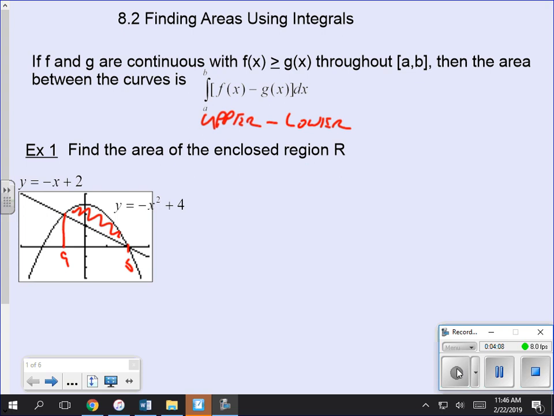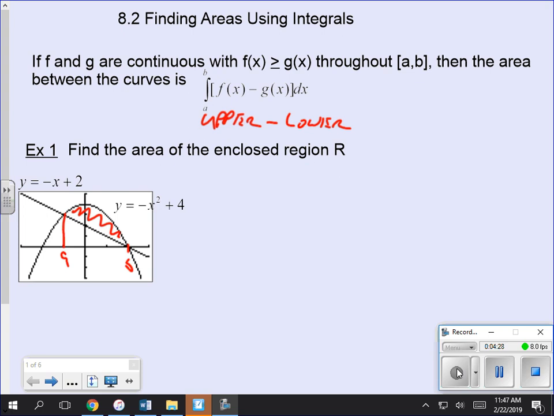As long as the number of equations is the same or more than the number of variables you have, you can solve the system. I have 2 equations. I got 2 variables. I can solve this system. I can figure out my x and y. And this one actually is very easy to do.